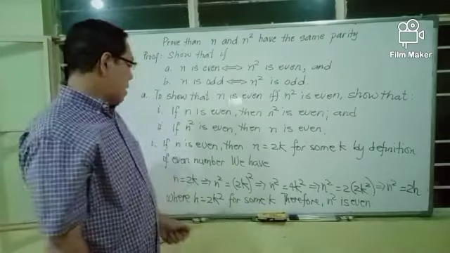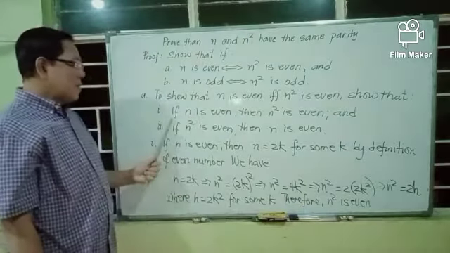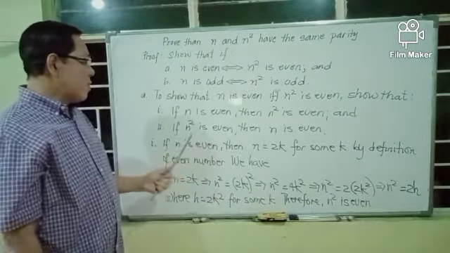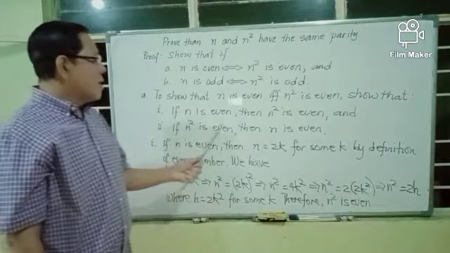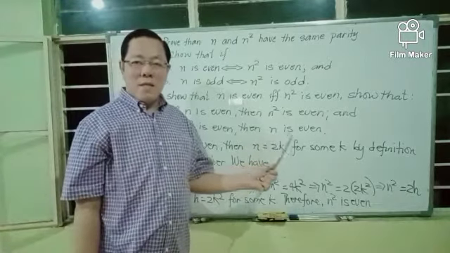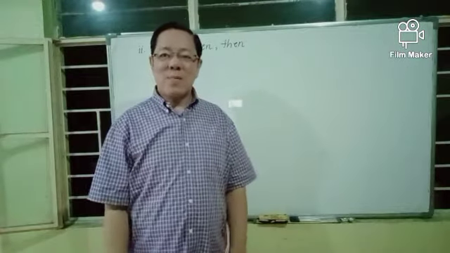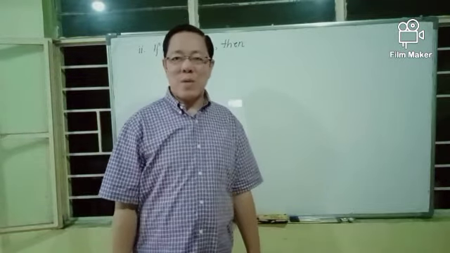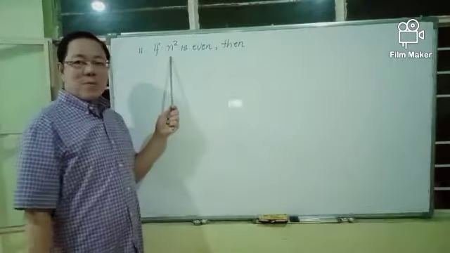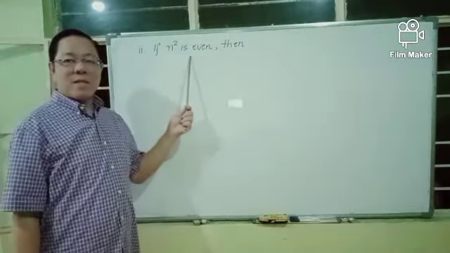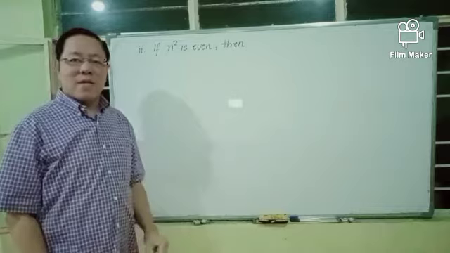Now we will prove the converse of the first statement. We start now with n squared is even, and we show that n is even. In particular, we prove that if n squared is even, then n is even.